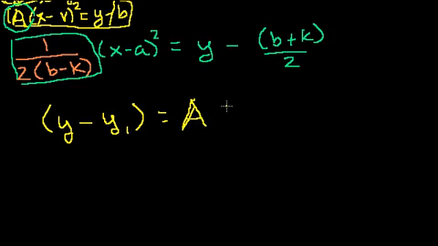Some capital A times x minus x1 squared. Whenever you see a y sub 1 or an x sub 1, that means you're dealing with a constant term. If you see just an x or y, that generally means you're dealing with a variable term. So these are constants. I could have put a and b there, but then that would have gotten confused with that.